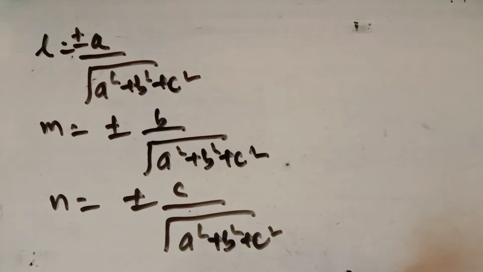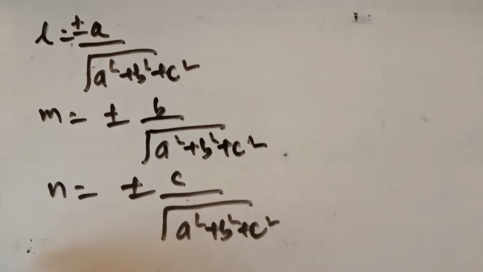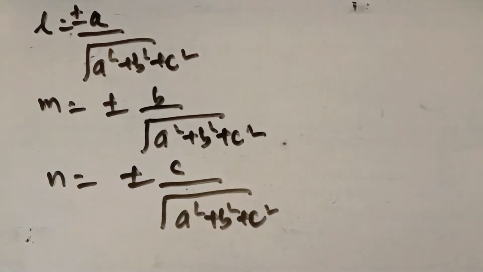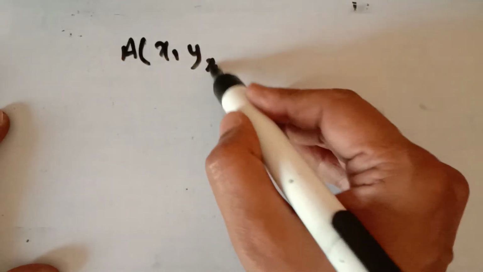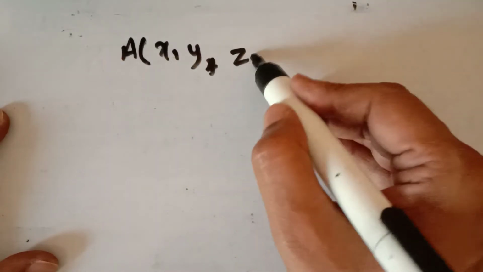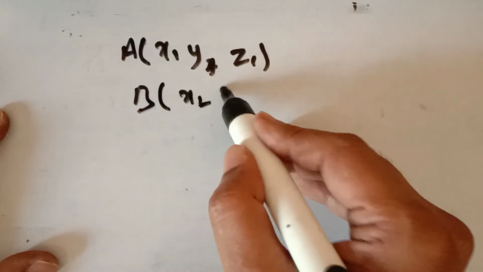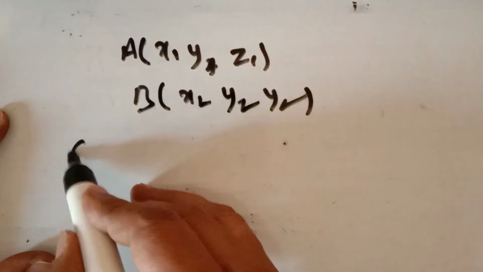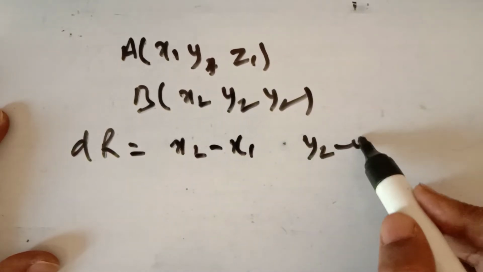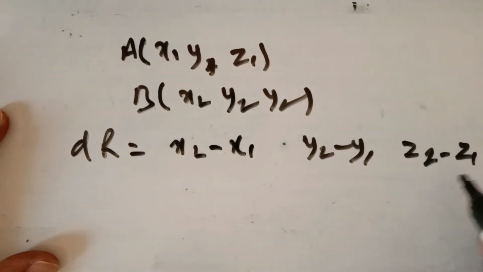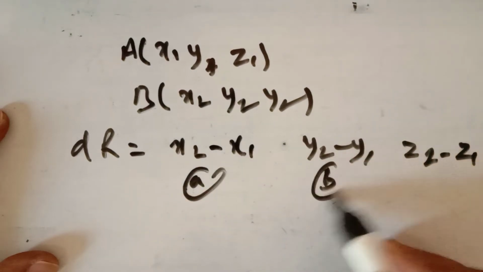Okay, so these are the direction cosines when the direction ratios are given. Now you have done that if the coordinates of any point are given, let us say x1, y1, z1, and the coordinates of any other point are given as x2, y2, z2, then the direction ratios are x2 minus x1, y2 minus y1 and z2 minus z1. This you have done in vectors also.